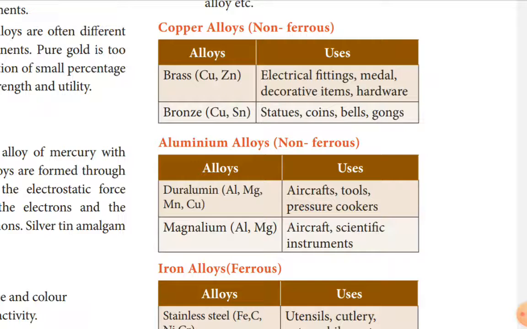What elements are present in bronze? Copper and tin. Cu means copper, Sn means tin. What do they use it for? Statues. We have seen so many statues in the street. These statues are sometimes made of stone also, and some statues are made of bronze. This is also used to manufacture coins, bells, gongs.